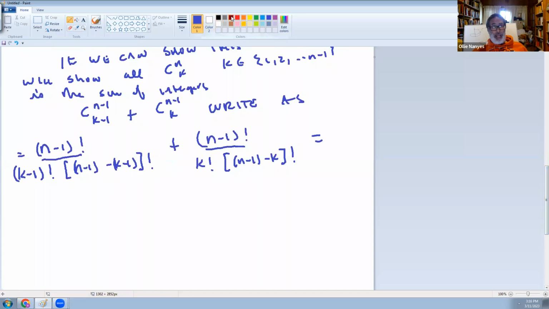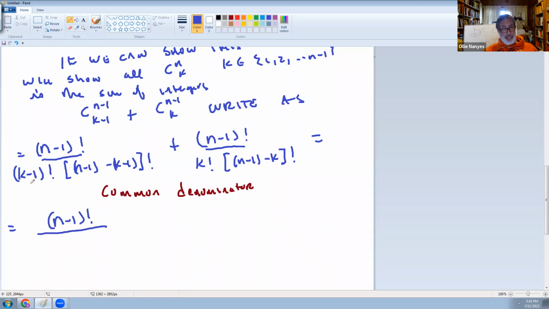Now we do the old common denominator. Let's just see what we get here. Now this is going to equal n minus 1 factorial. Now the k minus 1 factorial, I can do something with that. I'm going to multiply that by k minus 1 factorial, and I'm going to multiply this by k.